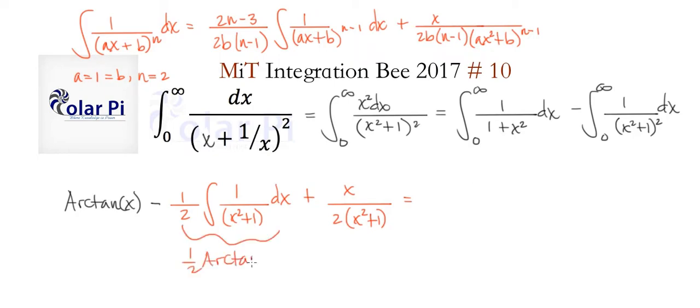So I'm saying that this right here is 1/2 arctan x. So we get that minus 1/2 of that, and so we just get 1/2 arctan x, and kind of weird and funny that they share this mixed color 1/2 appropriately, right?